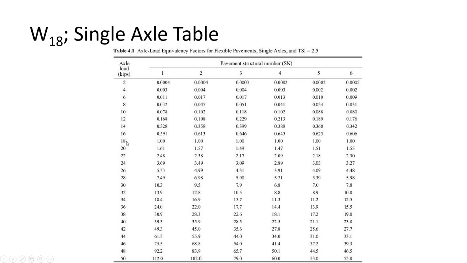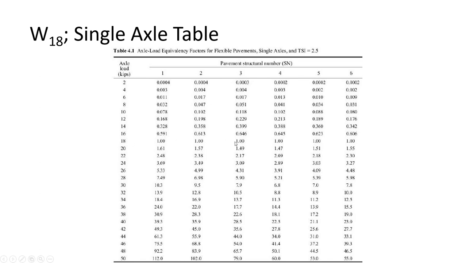So what's twice 18, right? 36. So if you double the weight on the axle from the standard ESAL, at a structural number of 3, you're going to get 17.7 times as much damage. You're going to get 17.7 ESALs from that single axle, versus if you would have only had 1 ESAL loading on that pavement, or if it had only been 18,000 pounds.